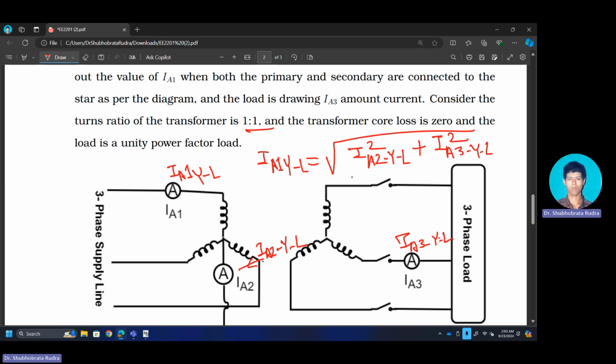Sorry, my bad. This must be divided by 9, because I2Y L is actually taking the reading of all three phase harmonic currents. Thereby, how much will the individual phase draw? This amount of current will be flowing in the individual phase. This is your expression, right?